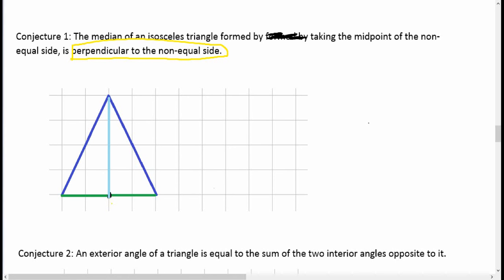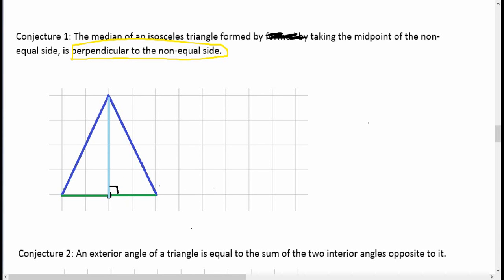So this example we just made clearly shows that these lines are perpendicular because they're on the outer grid. You could find the slope of each line to show they're perpendicular. Remember that the slopes are negative reciprocals, but it's very clear in this case.